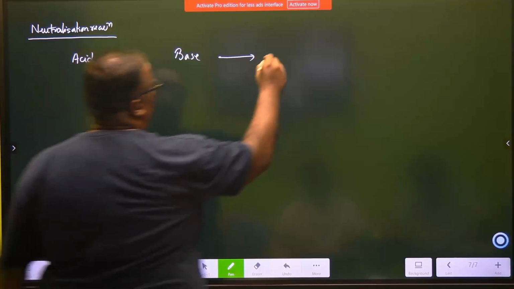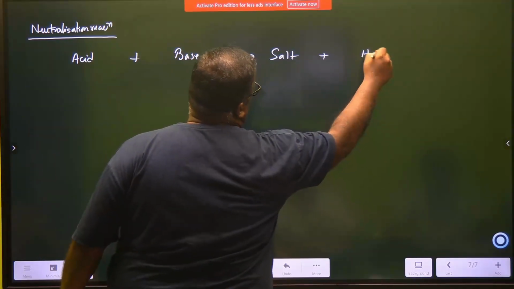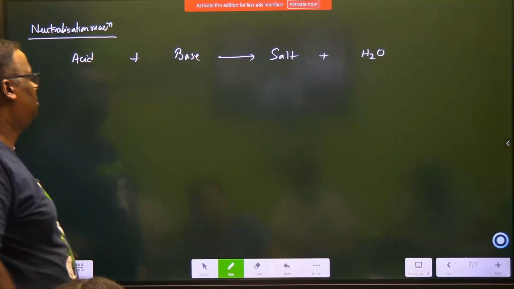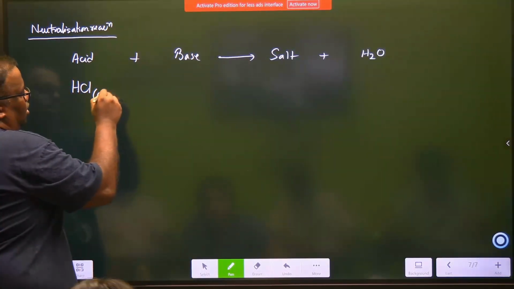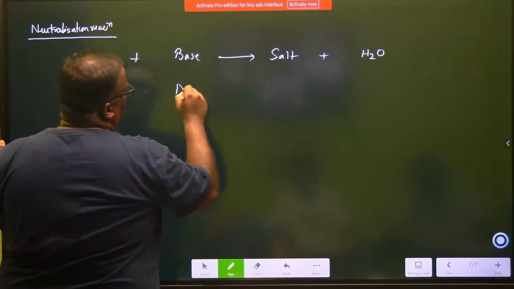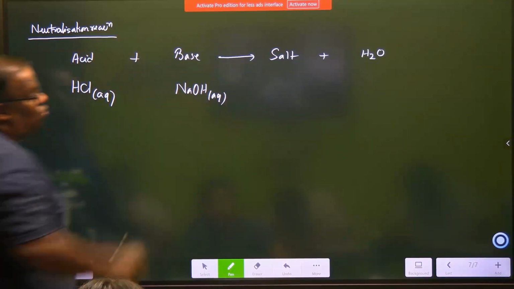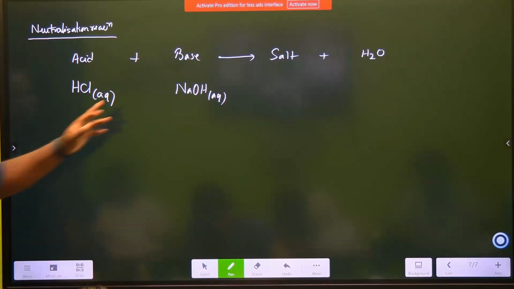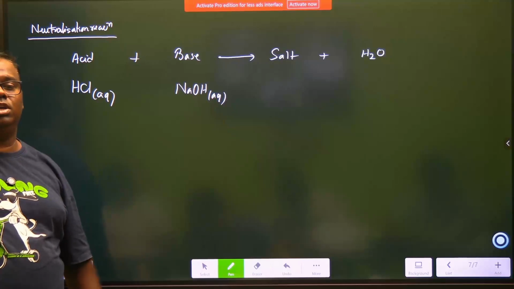They will form salt plus water. Acid, HCl, reacts with NaOH. Children, for NaOH, write sodium hydroxide, also known as king of base. It is the strongest base.